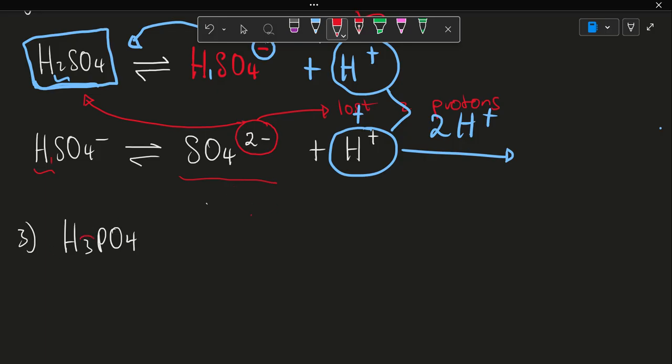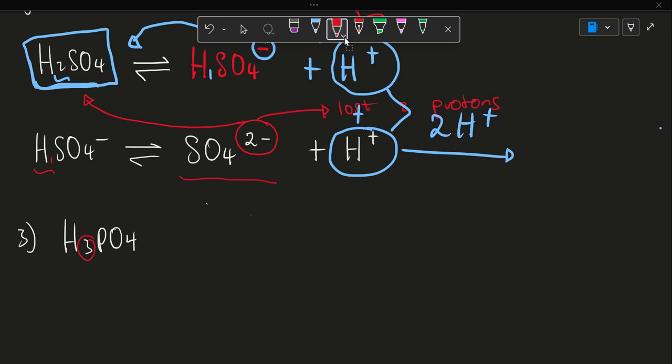It has 3 hydrogen atoms, meaning it can lose or donate how many? There we go. It can donate 3 protons.